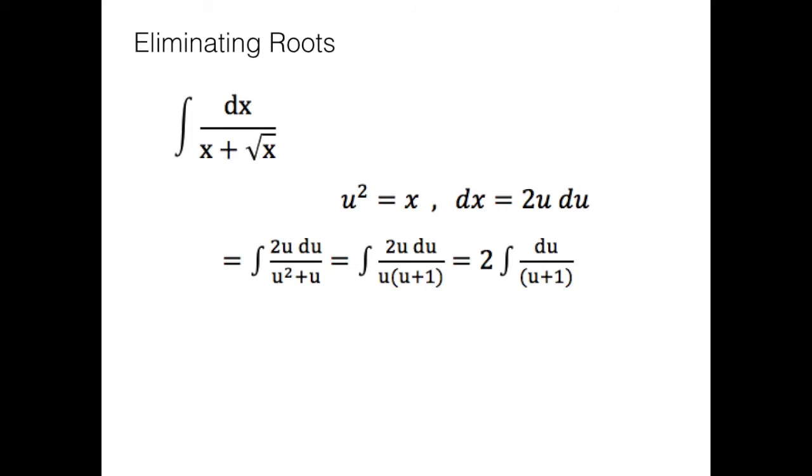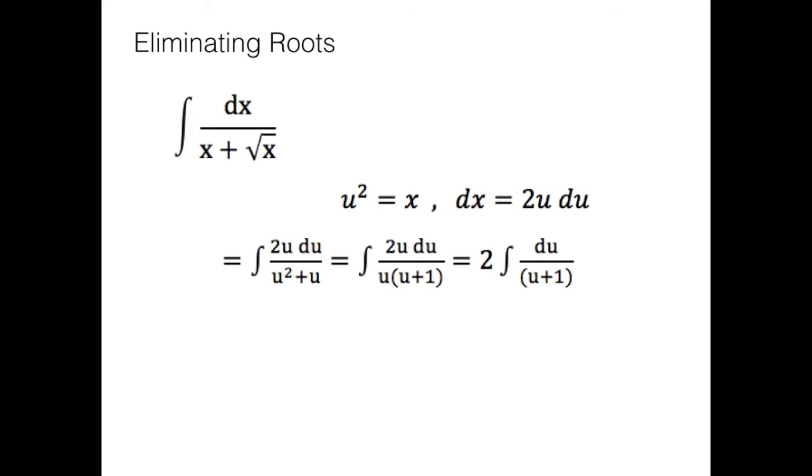Now at this point, because we're integrating and we don't have to worry about losing roots, if we have a variable in both the denominator and the numerator, we can simply cancel the terms. So that leaves us with 2 times the integration of du over quantity u plus 1.